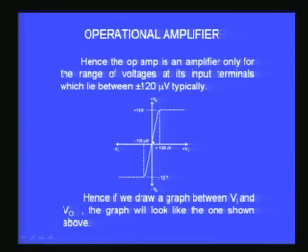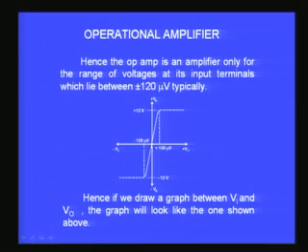The output voltage also increases linearly, but the moment I go beyond plus 120 microvolt, you will find the output will remain at plus 12 volts for all input voltages which are larger than plus 120 microvolt. That is why you get a horizontal portion here. This corresponds to the saturation of the output.